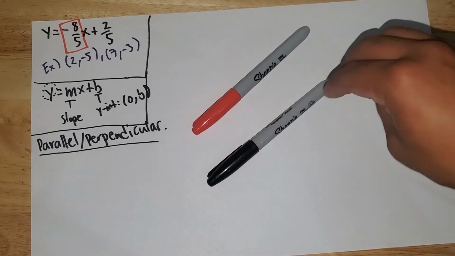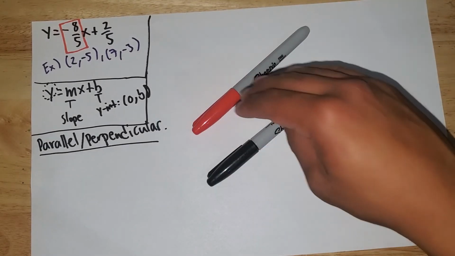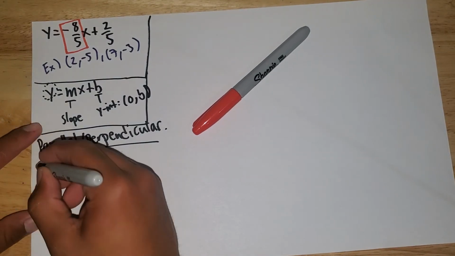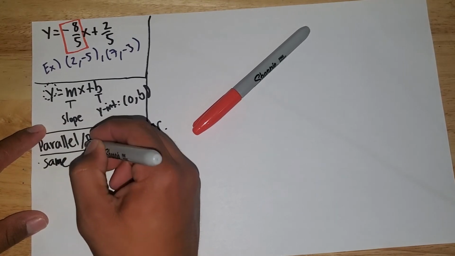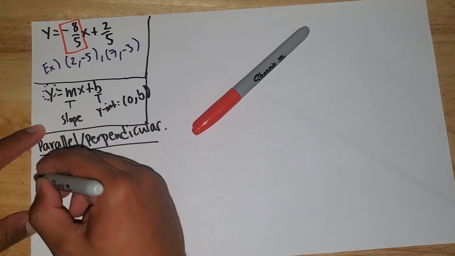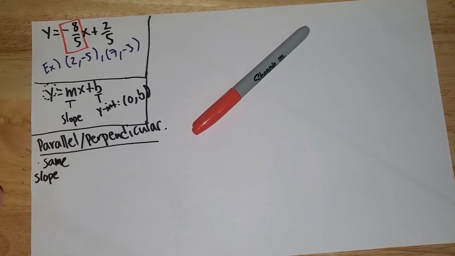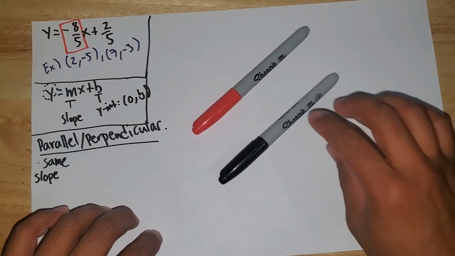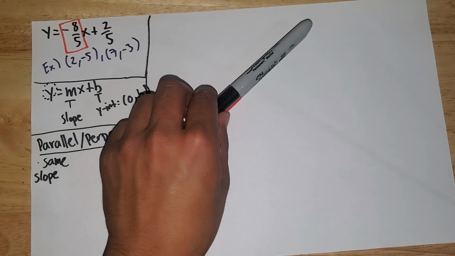So parallel, if you think, look, have this same angle here, but instead of calling it an angle, we call it the same slope. If we put these two, they're definitely not the exact same line, because if they were, they would be overlapping each other.